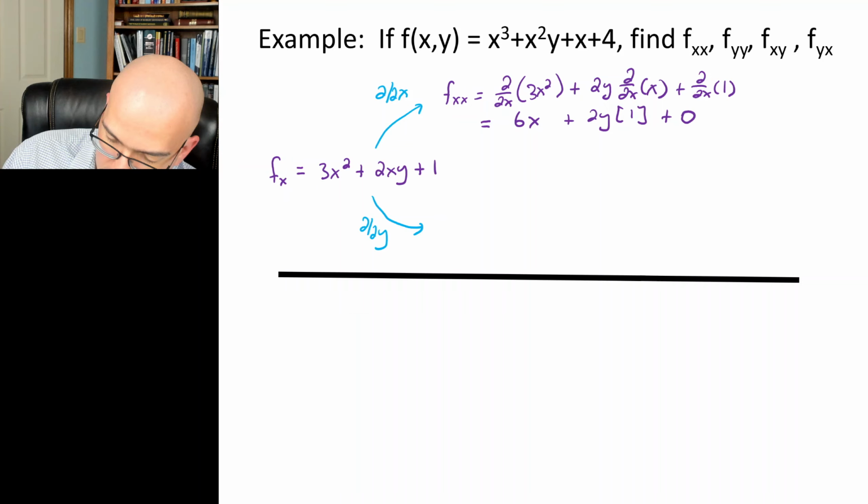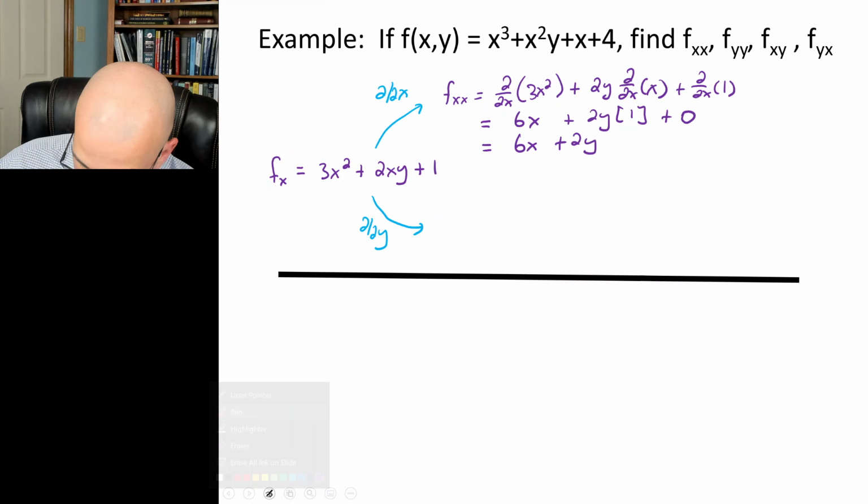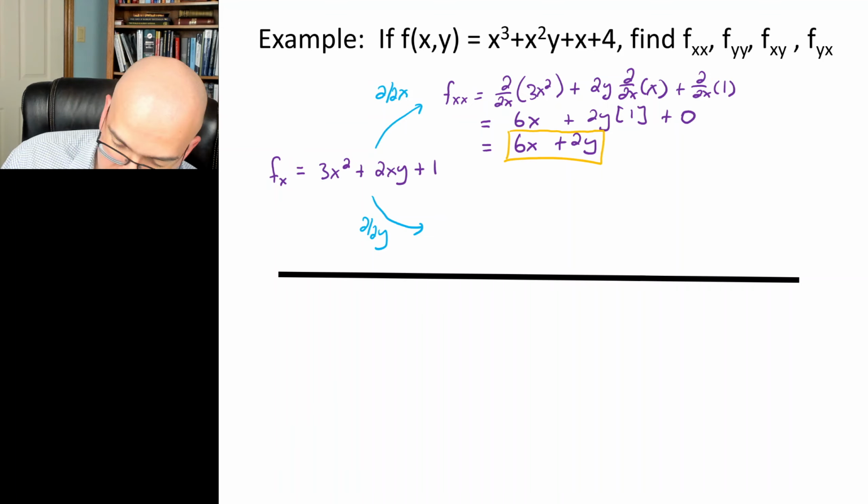So 6x plus 2y. So that's our first one of 4 partial derivatives.